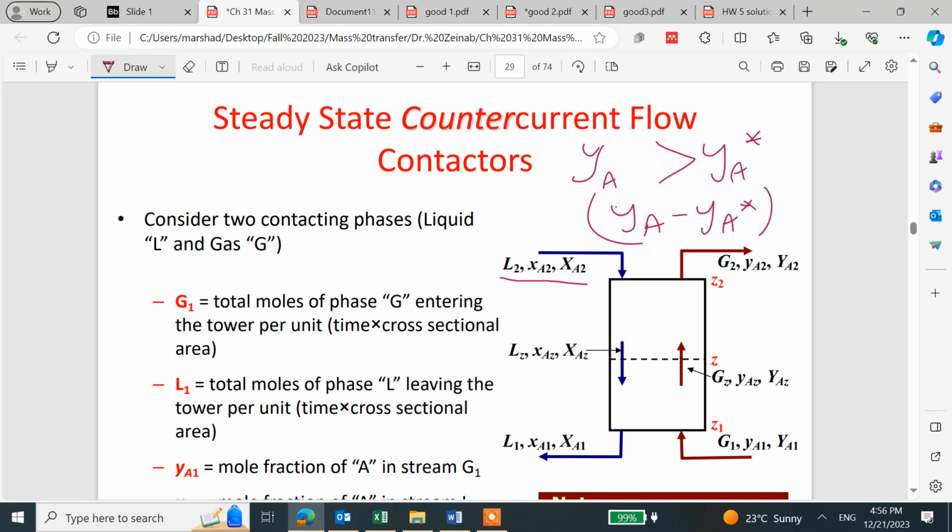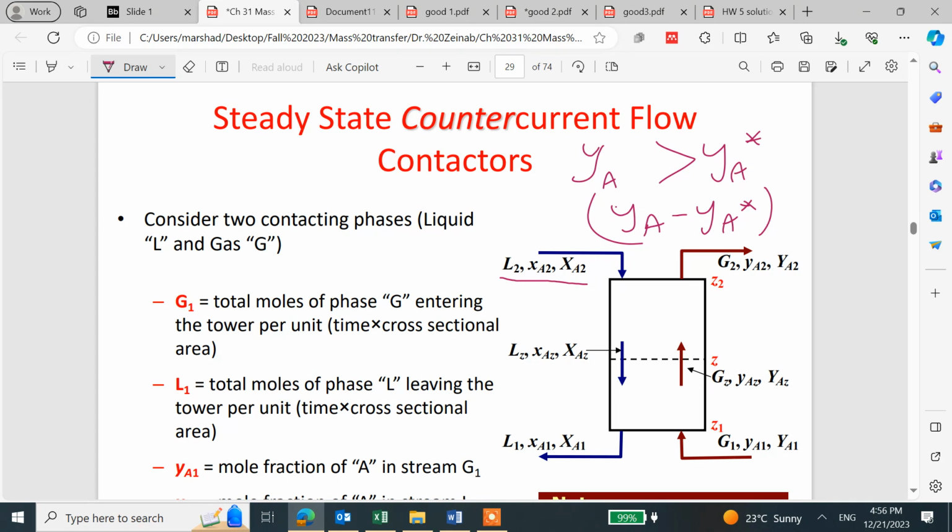So there will be transfer of mass from gas to liquid. This is absorption. Liquid will absorb from the gas, right? Otherwise, mass transfer happens from liquid to gas. Okay, so this is absorption.